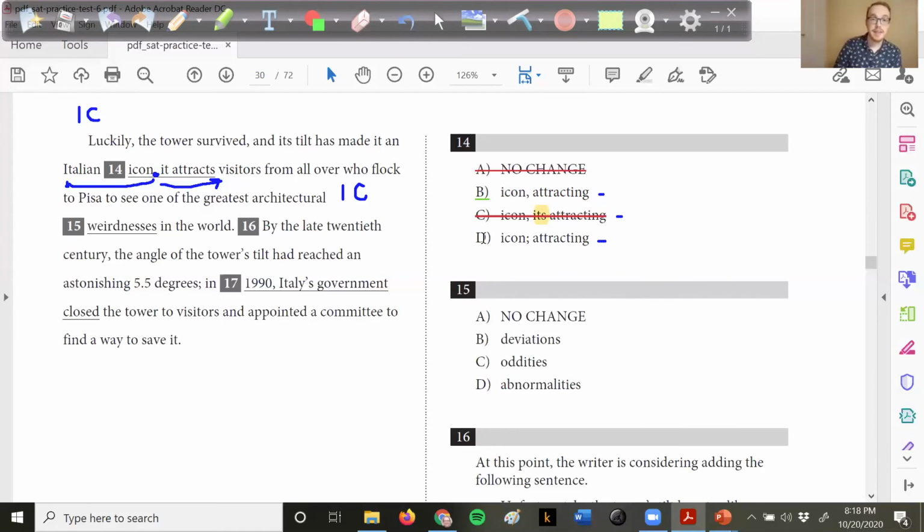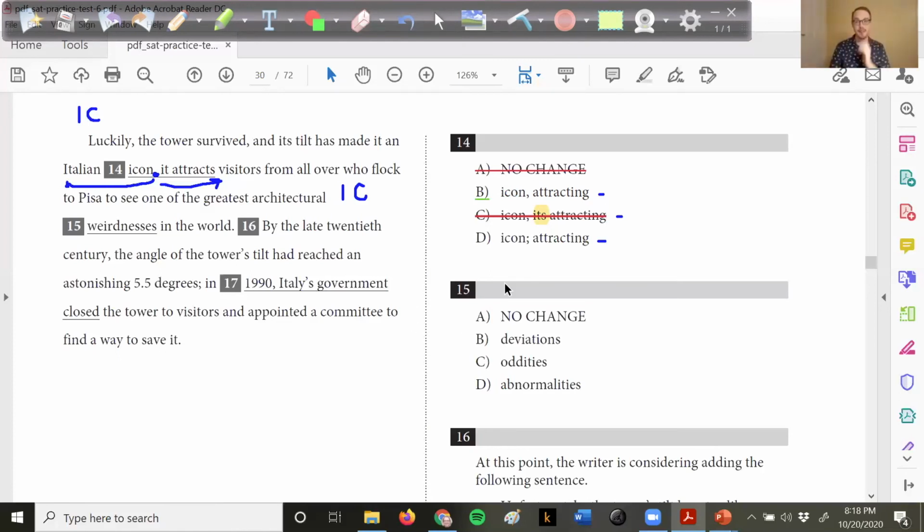Then looking at D, "icon, semicolon, attracting visitors from all over." Now, the semicolon, we can go into in some depth later. Really what you need to know for now is that the semicolon is like the period's pretentious cousin. The semicolon does the exact same job as a period. It holds up one sentence on one side and another complete thought on the other side.